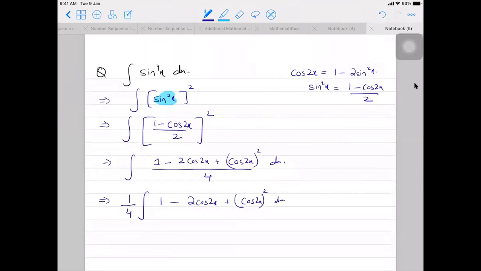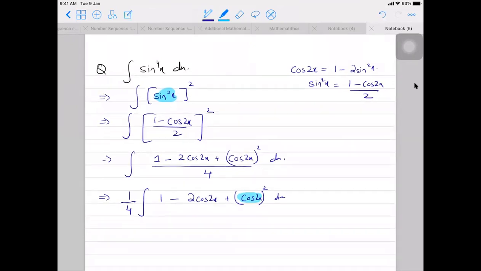But to integrate this, again, it's a double angle identity. So cos 2x squared, we have a square over here again. If I just recall, cos 2x can also be written as 2 cos square x minus 1. But I want cos 2x squared, which means I want twice the angle over here. If I want cos 2x over here, then this angle should be cos 4x.